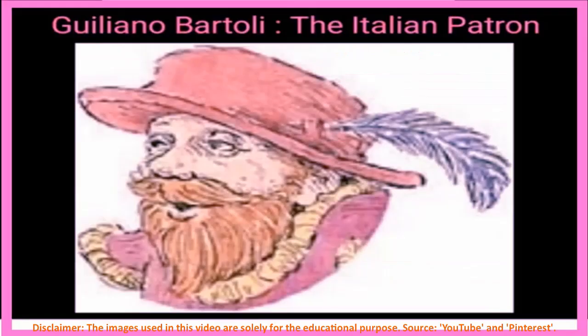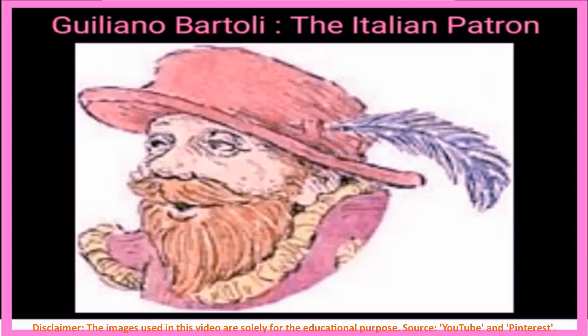One fine day, a rich patron, which means a person who supports or promotes painters, craftsmen, artists, or writers, named Giuliano Bartoli called Monsieur Sinilabe and requested him to paint his portrait on the wall of his dining hall. Children, the size of the wall was 20 feet, which means the painter had to make a 20-foot tall portrait or a photo. Just imagine, the size was so big.